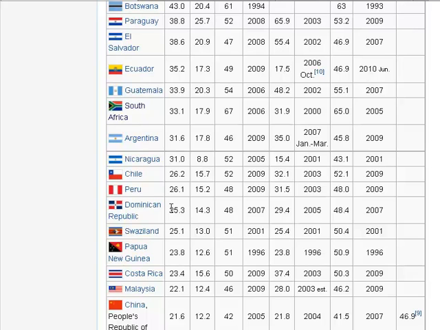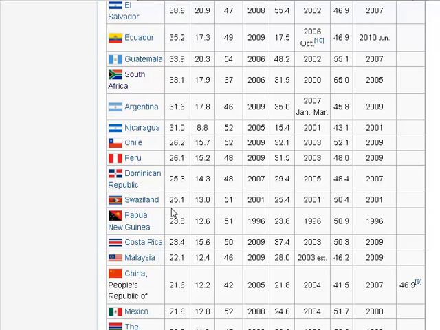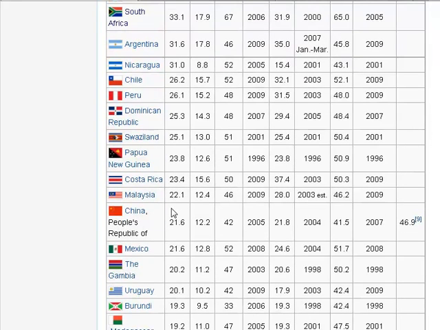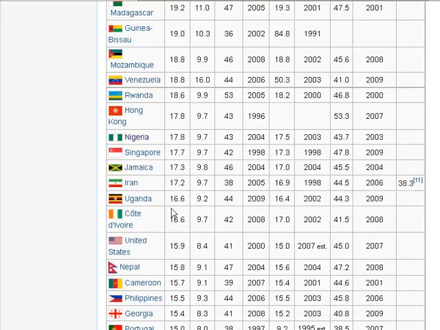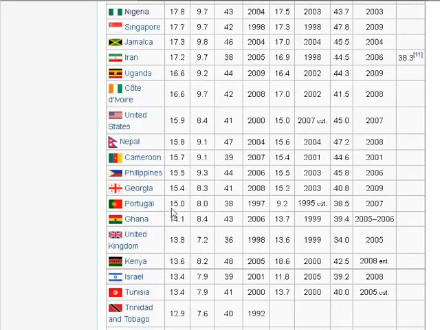Okay, so now let's see. China's 21. So it's pretty unequal, even though it's a communist country. And what year was that? 2005, but still. So at least Ireland's still not there. Portugal is 15.